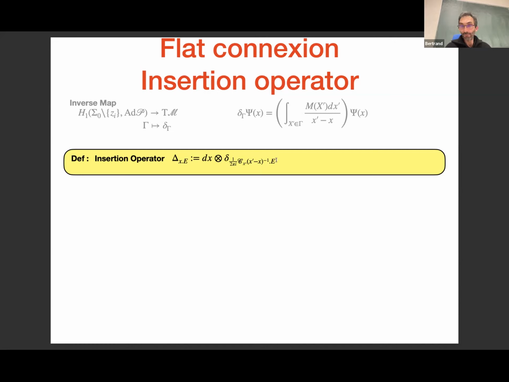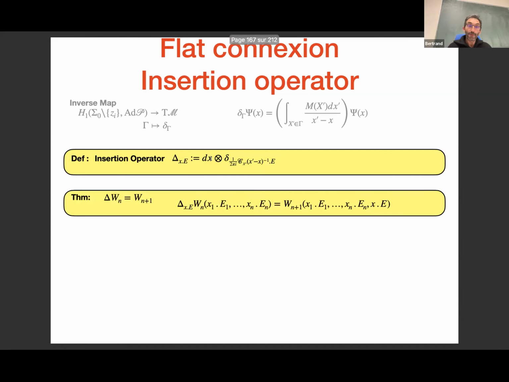I mean, take the flat section corresponding to this e in the bundle, take this deformation and tensor it with a dx. So this will be a deformation tensor one-form, this insertion operator. The main property it has is that when you apply it to Wn, you find Wn+1.